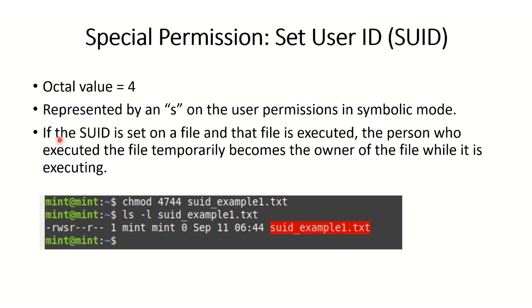Now if the SUID is set on a file and that file is executed, then the person who executed the file temporarily becomes the owner of the file while it is executing. Example is password command. In this screenshot, I am showing how to set user ID on a file.